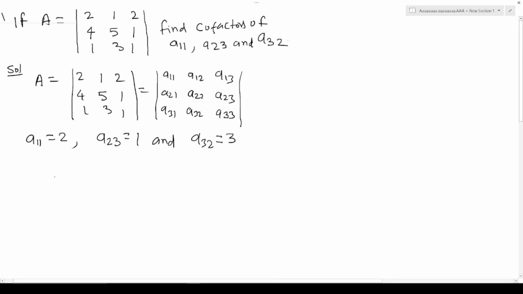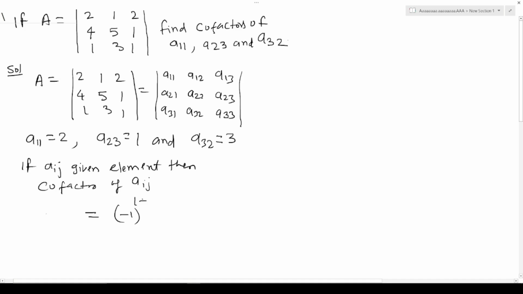So we decided. Now we know that if Aij is a given element, then the cofactor of Aij is nothing but minus 1 raised to i plus j and the minor of ij.